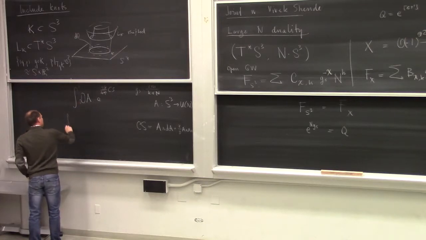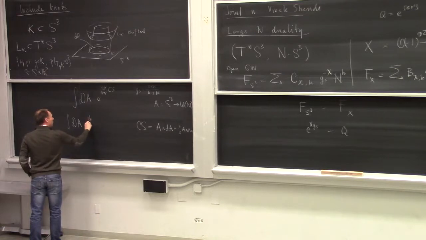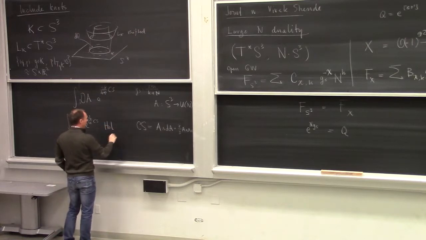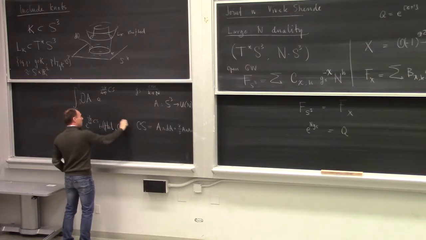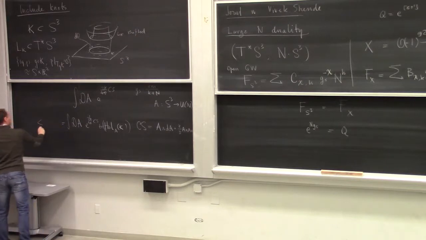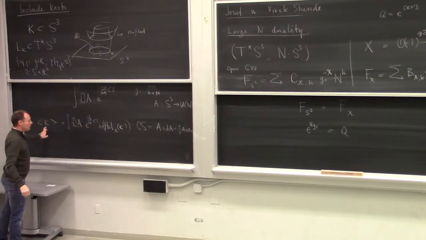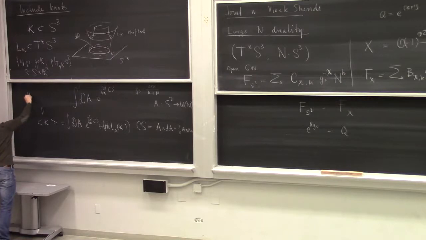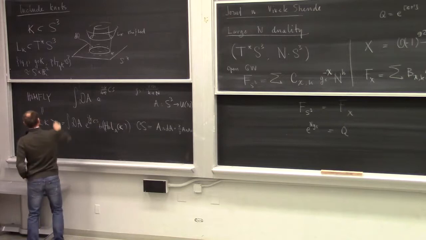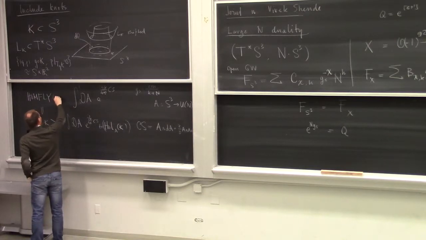So given this path integral, and if you have a knot in your three-manifold, then you can take the holonomy of this connection along the knot K, you take the trace, and you integrate that. So that's some kind of expectation value of the knot, and this is famously the HOMFLY polynomial in two variables, e to the gs and e to the N gs.